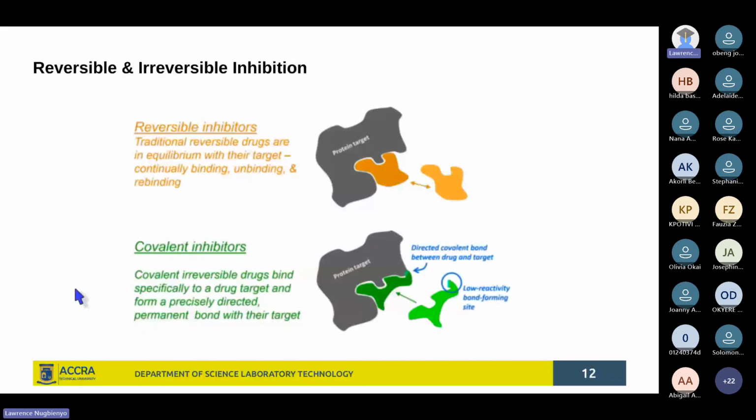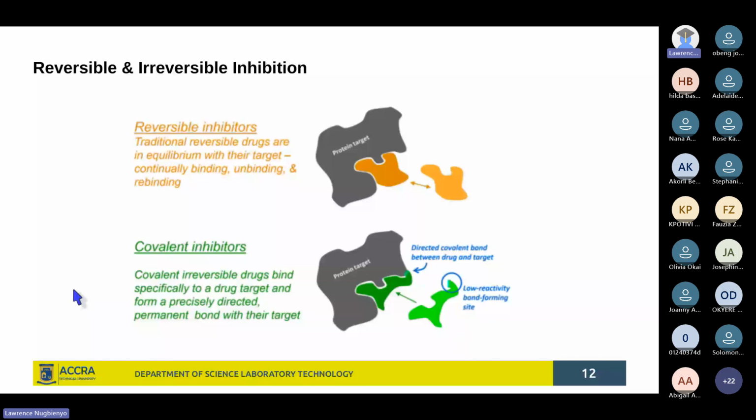Now we do have inhibition also classified as reversible and irreversible inhibition. And this is also very clear just from the words reversible and irreversible. Reversible means that an inhibitor binds to a target.